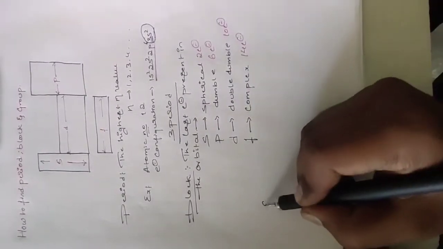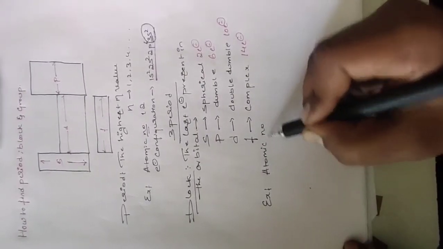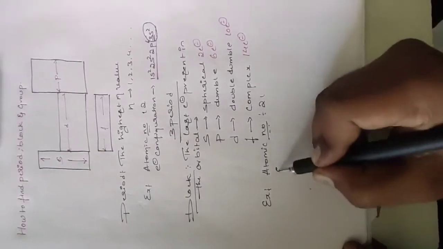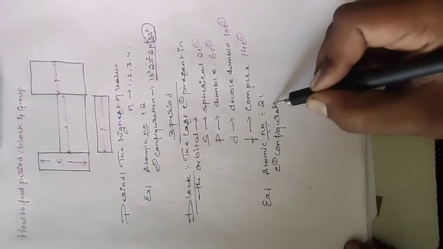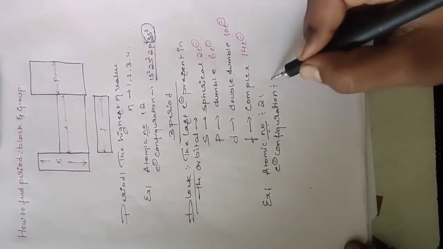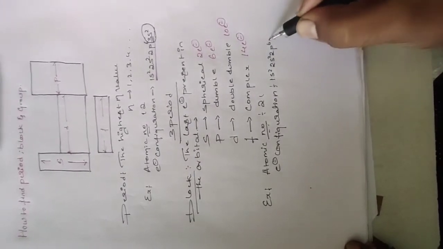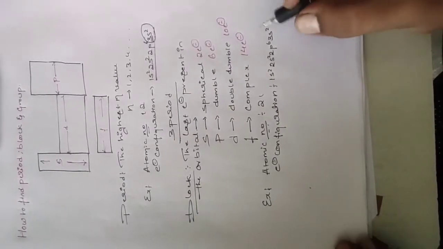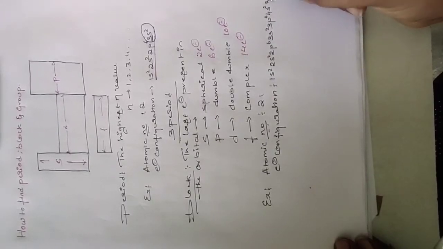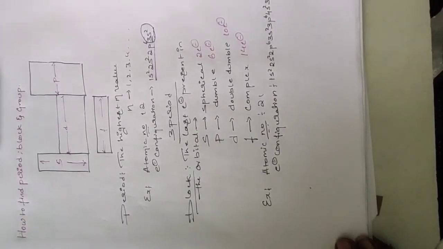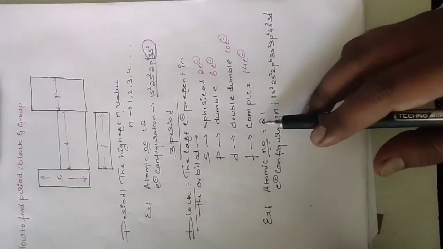For example, take atomic number 21. We write the electronic configuration: 1s2, 2s2, 2p6, 3s2, 3p6, 4s2, 3d1. This is the electronic configuration for atomic number 21.